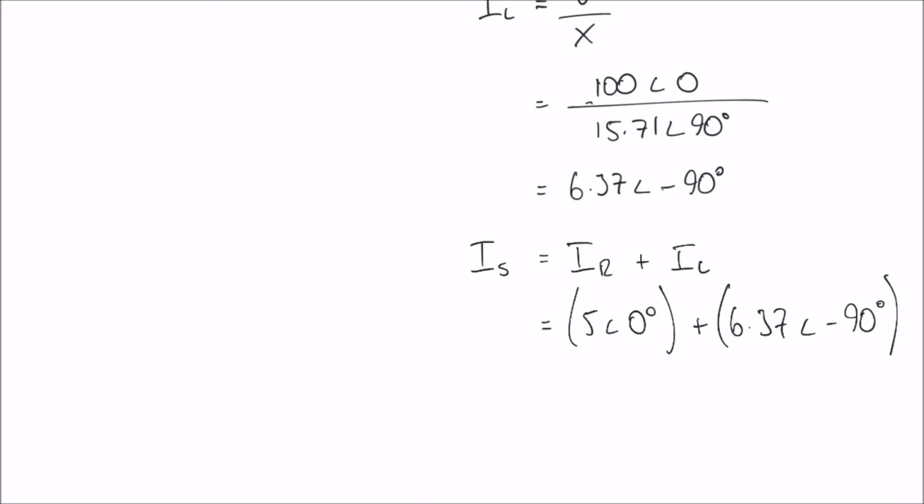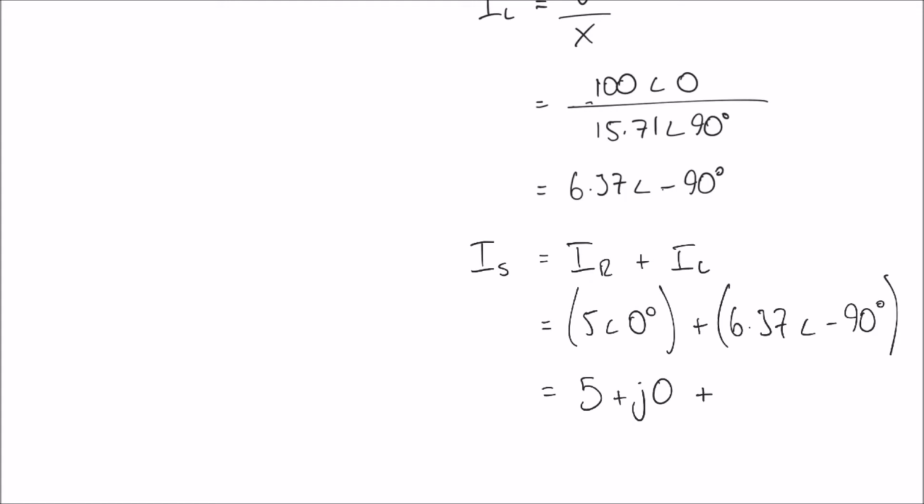It becomes very difficult to add numbers in polar form. It's a bit easier to convert them to rectangular form and then add them. So what I'm next going to do is express those in J notation or rectangular form. And for these particular examples, it's quite easy because 5 at an angle of 0 degrees is the same as saying 5 plus J0. We only have the horizontal component, the real component. We don't have anything in the imaginary component.